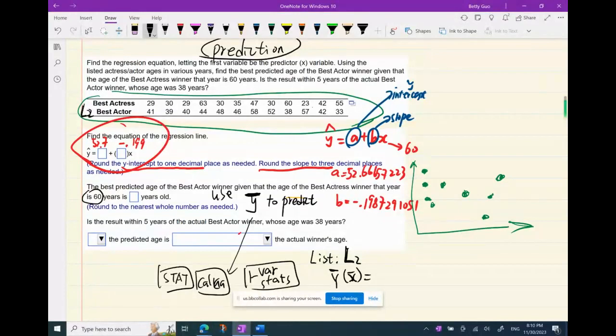I got a number equal to 44.83 repeating. If we round it to the nearest whole number, it's going to be 45 years old. This time the regression line is not a good model.